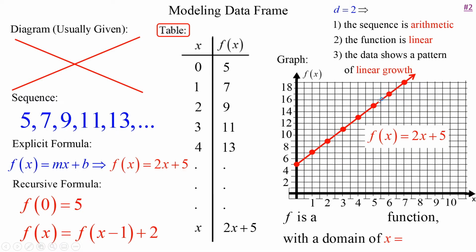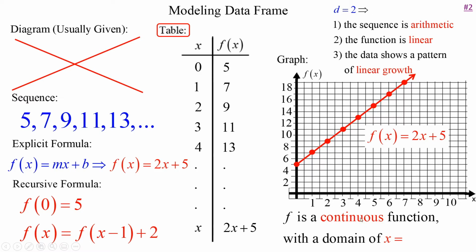But this is a continuous function because we're talking flowing water. The water is flowing into our pool continuously. So it makes for a continuous function. So f is a continuous function. So in this module, we're going to work on the difference between continuous and discrete with a domain of x equals.